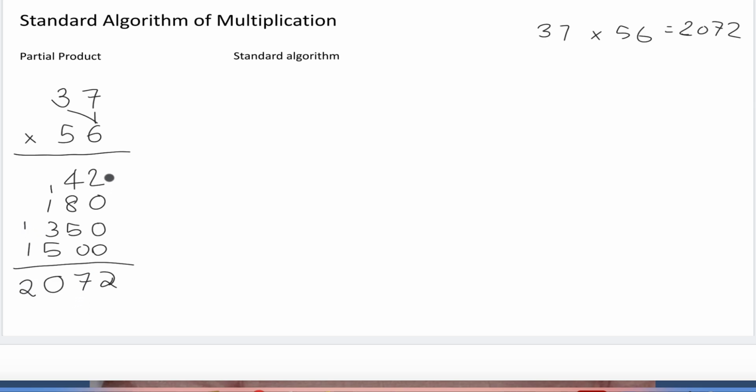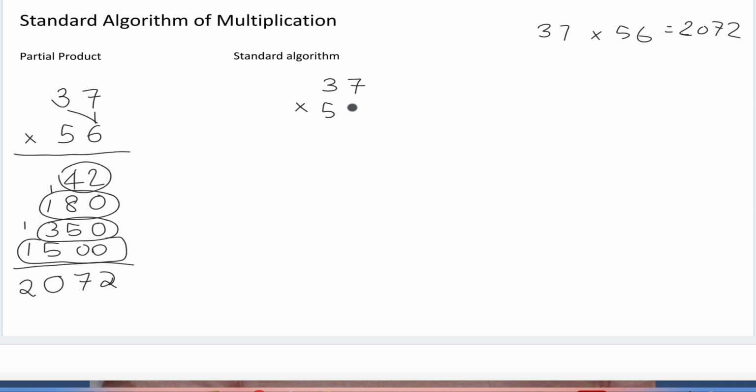So when you compare what we have here, like 42, 180, 350, 1,500, compare that with what you got from lattice model and also from area model, you can see the connections there, okay? And now let's connect that partial product to standard algorithm.